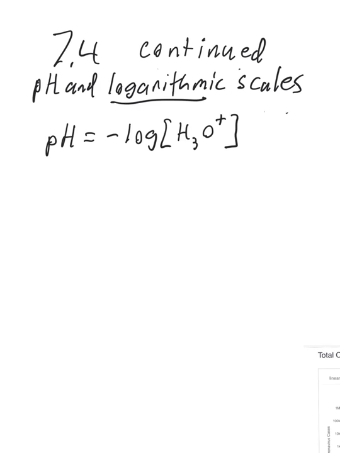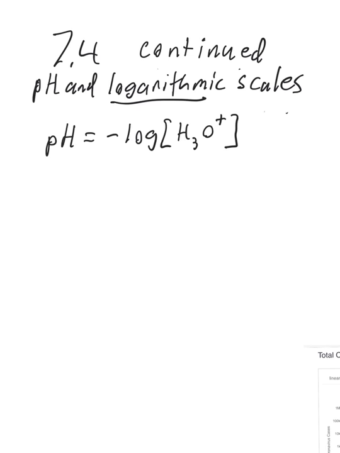And log just means log base 10 again. The H3O plus is what's called the concentration of hydrogen in the substance. It's in units of moles per liter. And you don't have to worry about the units or anything here. We're just going to do a little math with this.